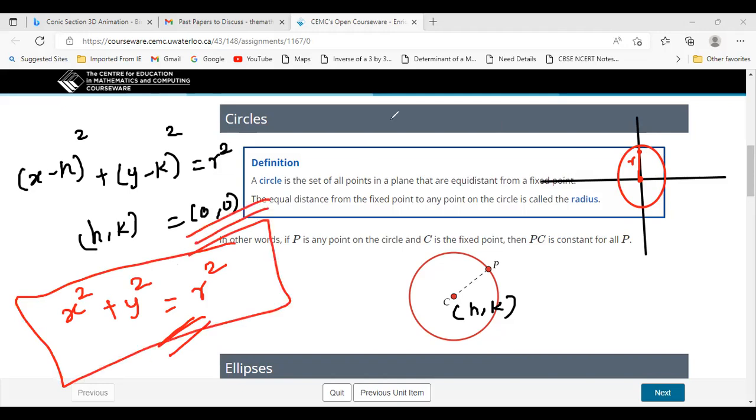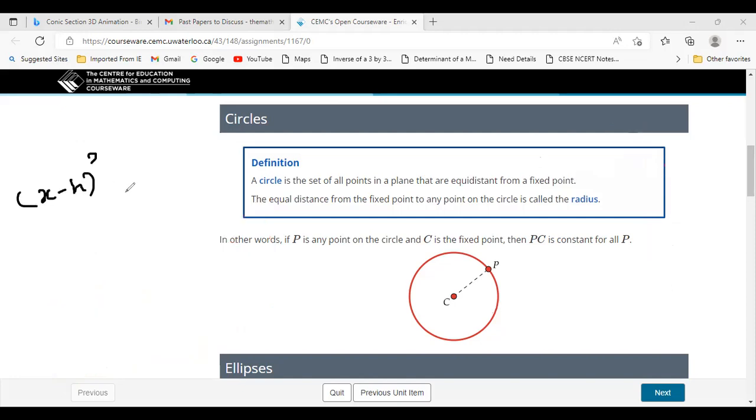What if your center of the circle is somewhere over here? Maybe 3 comma minus 3. If you form a circle around this, then how will you describe this equation? For that we use this x minus h the whole square plus y minus k the whole square is equal to r square.